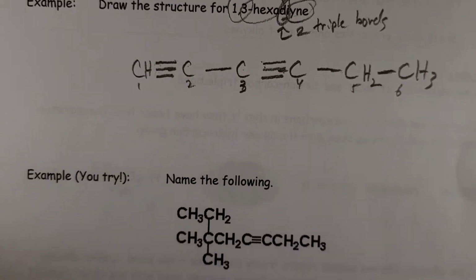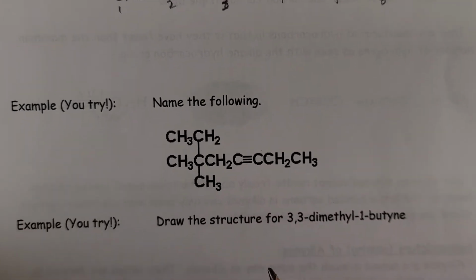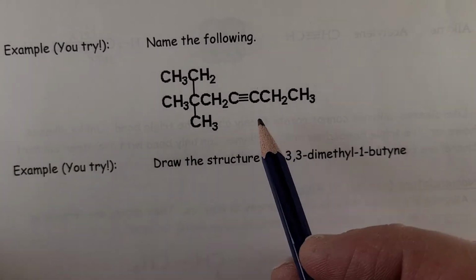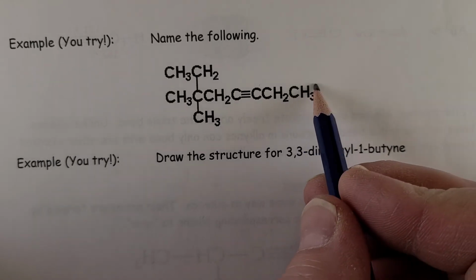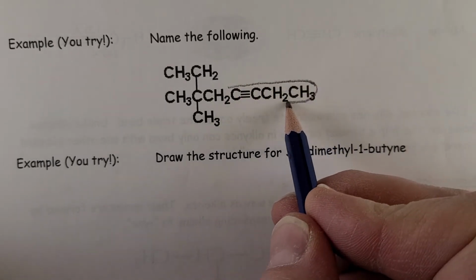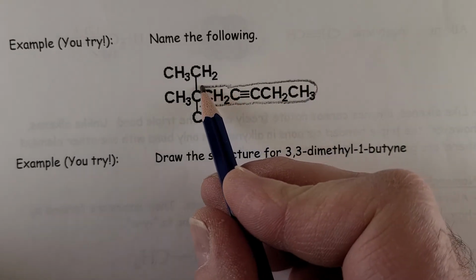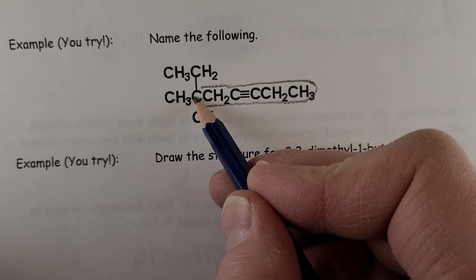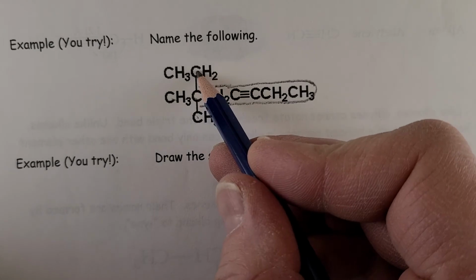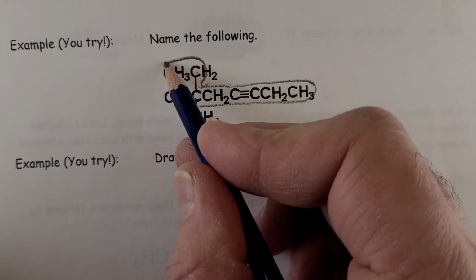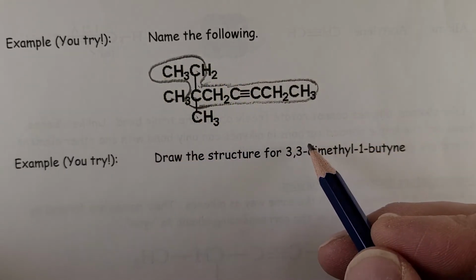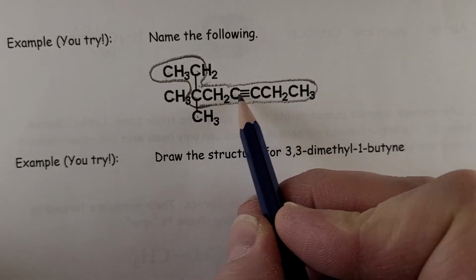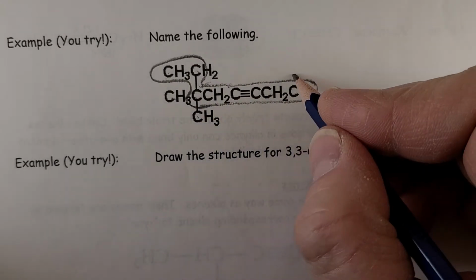There we go. This one, if you want to pause the video and maybe try these, you certainly can. If you had a chance to try them, we can see that this is going to be a very long section, so I'm likely going to go there. Going 1, 2, or 1, 2, or 1, 2, 3, likely this way will give me the longest chain. And numbering it 1, 2, 3, 4, 5 versus 1, 2, 3, yeah, so I have to number it this way.